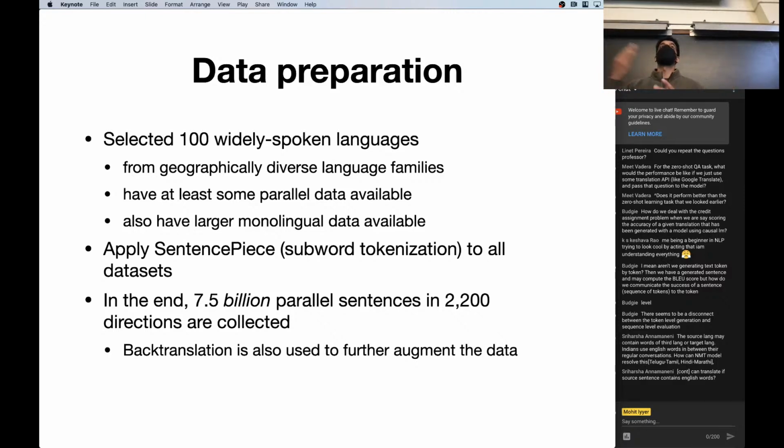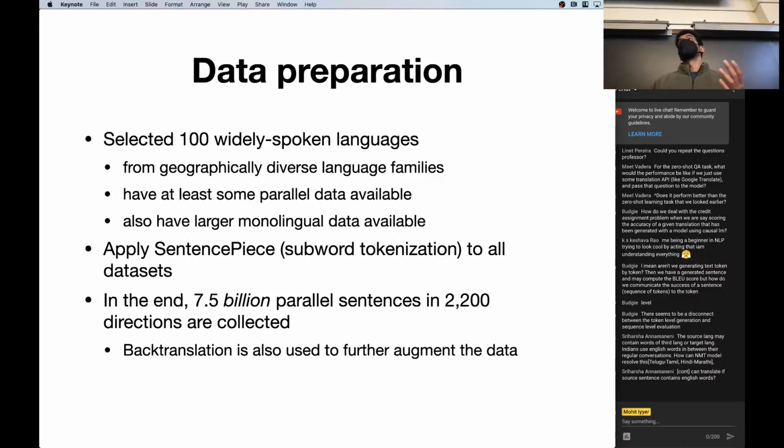After some filtering, they were able to find almost exact translations, even though these are not translated by humans. They might be sentences written by one person in one language that happen to be a translation of a sentence written in another language. And so you can mine data in this way.